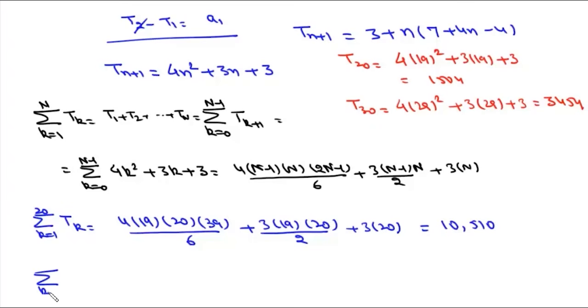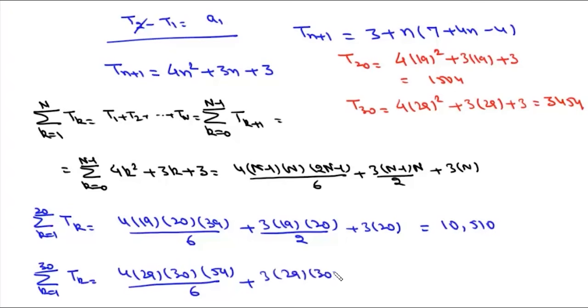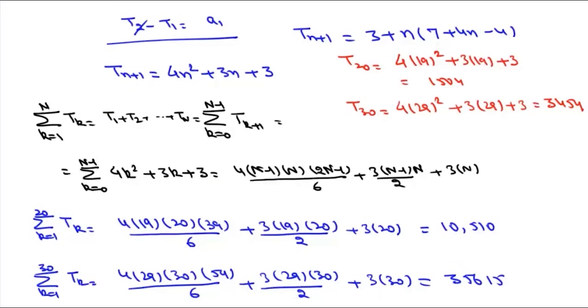And the summation k varies from 1 to 30 of T_k. Now here we'll put n as 30, so it will be 4 into 29 into 30 into 59 divided by 6, plus 3 into 29 into 30 divided by 2 plus 3 into 30. And this value is 35615.